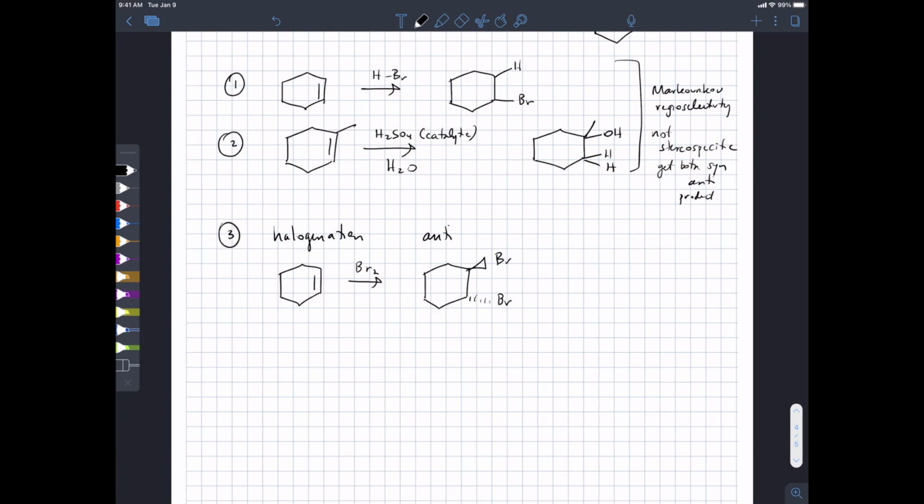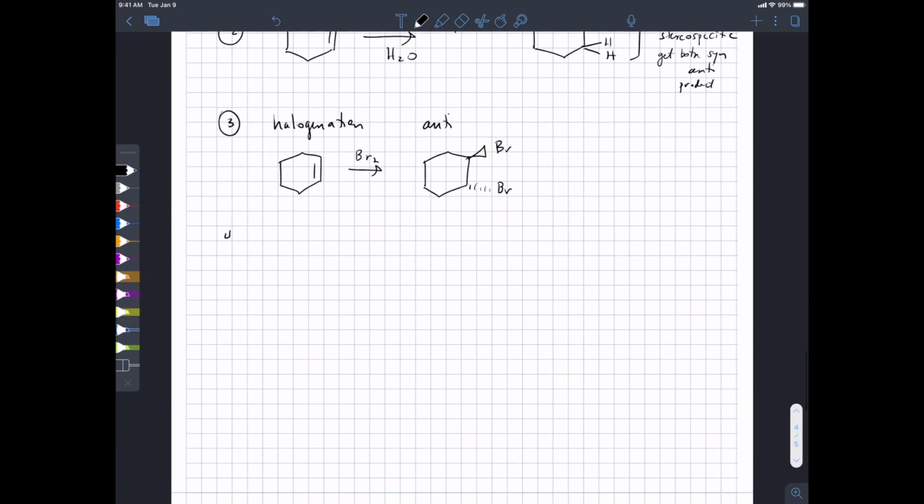You can't tell. But if we do halohydrin formation, as we've just discussed, you're going to end up with the Br on the less substituted carbon and the OH on the more substituted carbon.